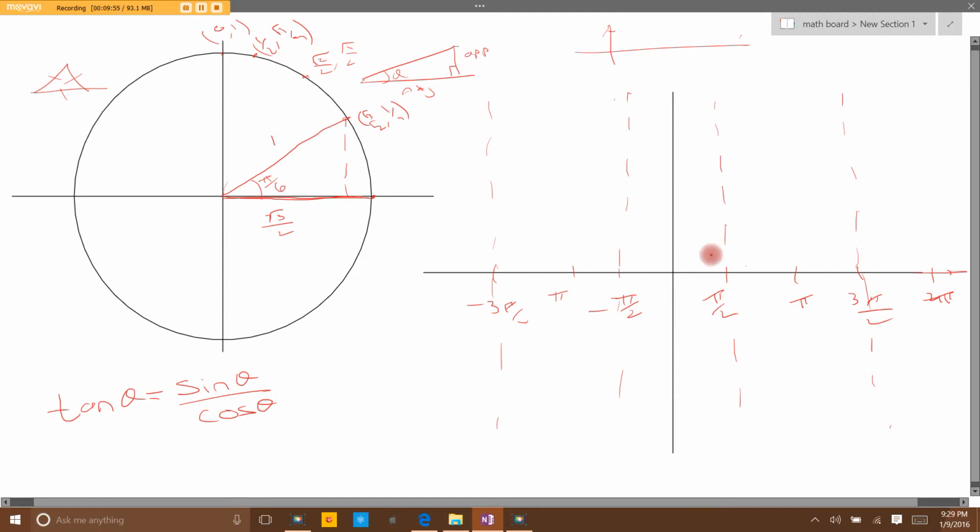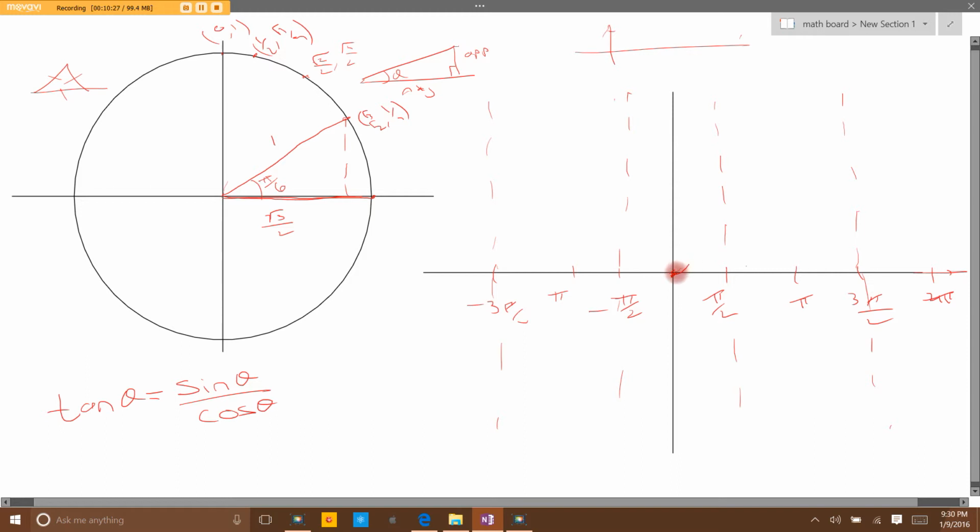So we have from 0 to pi over 2. At 0, tangent theta is 0 because sine of theta is 0. So 0 over anything is a valid answer, a definite number, right? Now we said it's increasing, but as you approach pi over 2 or 90 degrees, it starts to head towards infinity because you get sine of theta over 0, right?